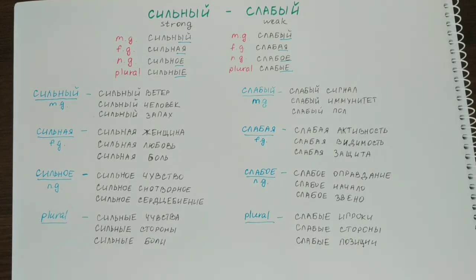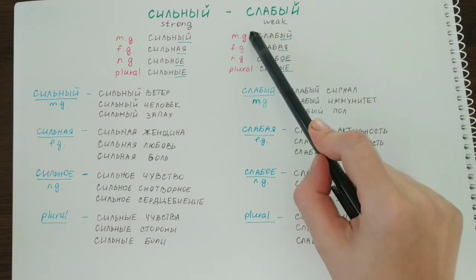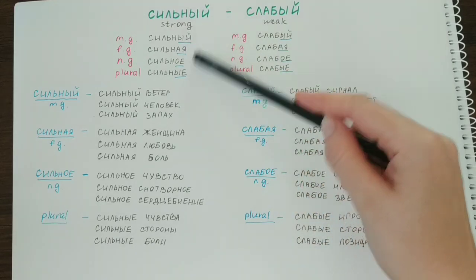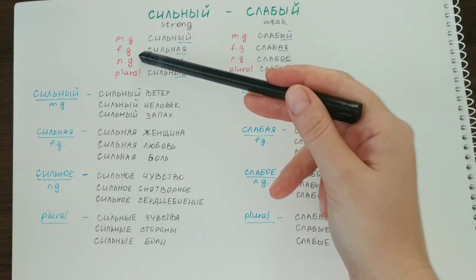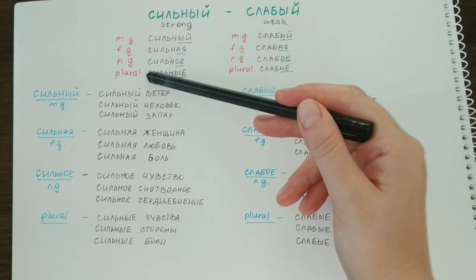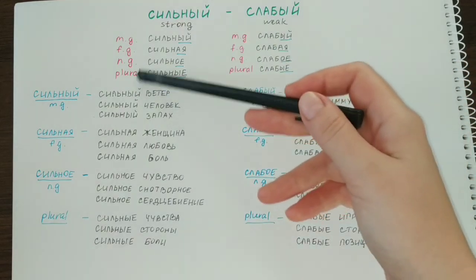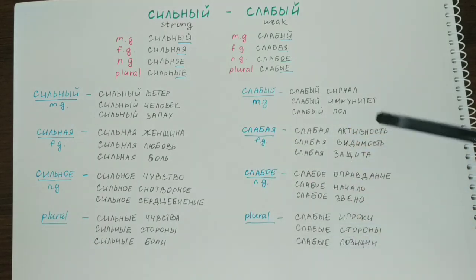I introduced you to two Russian adjectives of opposite meaning, which are сильный, strong, and слабый, weak. We talked about the four versions of each of these adjectives, which are masculine, feminine, neuter gender, and plural form. And we also read some examples using these adjectives with different nouns depending on their forms as well.